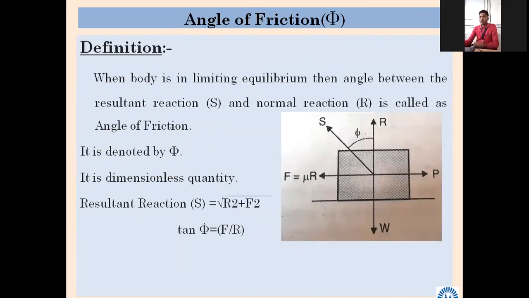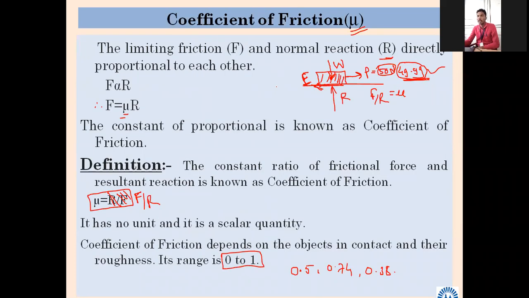Angle of friction. What is this notation? See, one by one the notations are starting to come. I ask: what is the notation of limiting friction? We denote limiting friction and frictional force by the notation F. What notation are we going to use for the normal reaction? R. R indicates the normal reaction. And what notation are we going to use for mu?